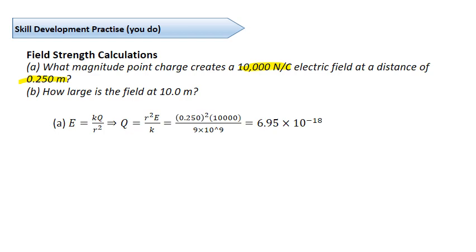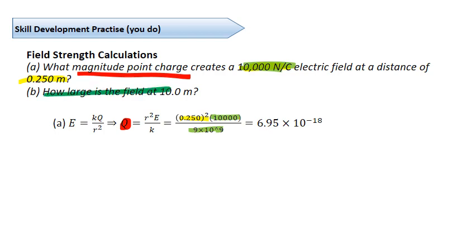And because we're asked for the magnitude of the point charge, we're going to have to rearrange that for Q. The formula is now Q equals R squared E divided by K. In this question here, my distance is 250 and my magnitude is 10,000 divided by K. K is 9 times 10 to the 9 as always, and the answer you should get here is 6.95 times 10 to the negative 18.